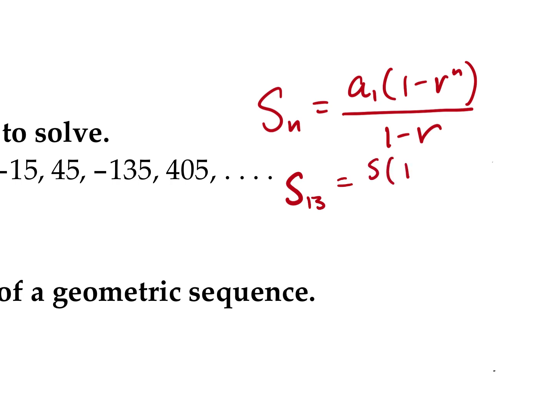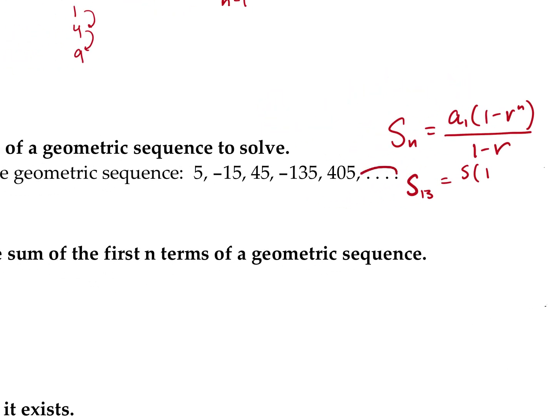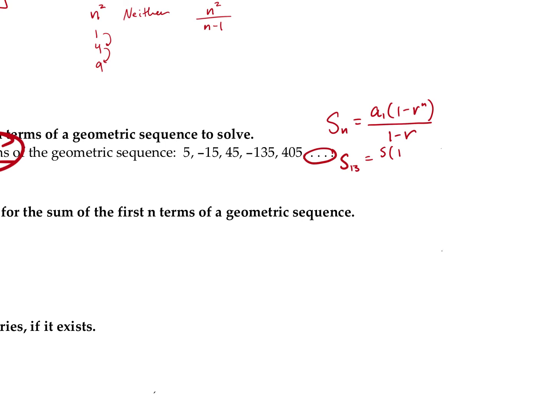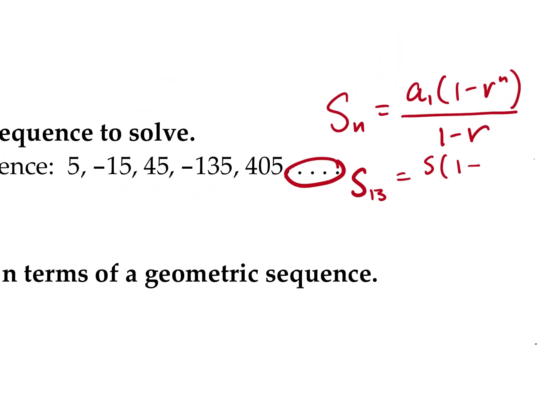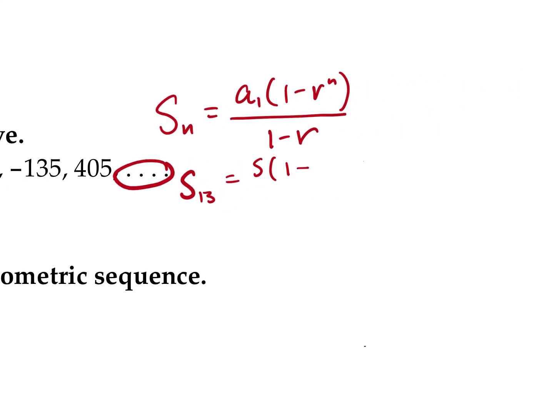So 5. Yes. Because it's infinite, isn't it? Even though it has the dot, dot, dot, it may look infinite, but it asks us to add the first 13 terms. So it has an ending. So this one's a little bit tricky. So minus, what is our common ratio? What are we multiplying to get from one number to the next? -3. So this would be -3. And what's n?